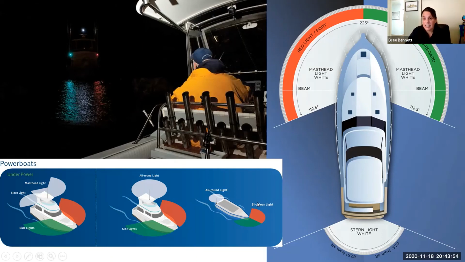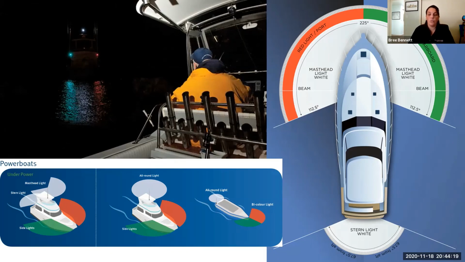The lights tell us, basically in a crossing, who has the right of way, who is the burdened vessel. If you took the rules of the road, stand on, give way, we have different types of responsibilities in a risk of collision situation.